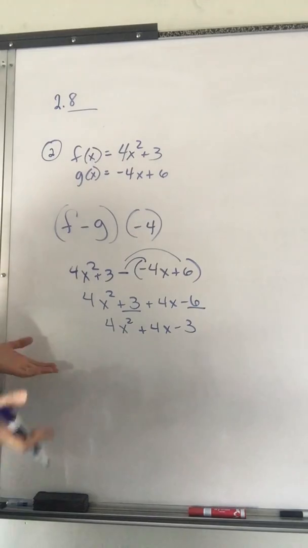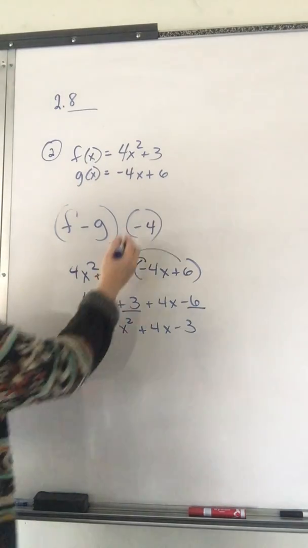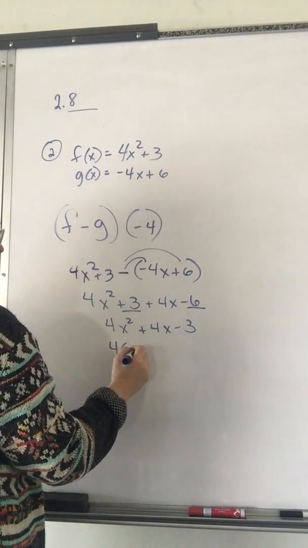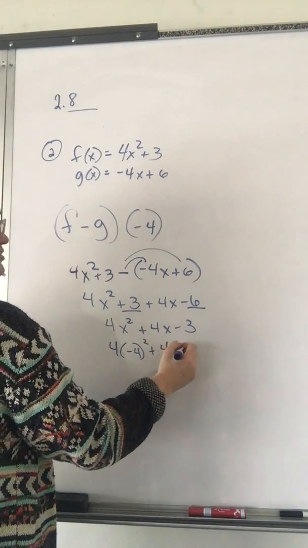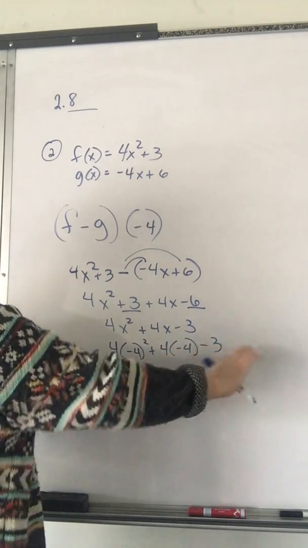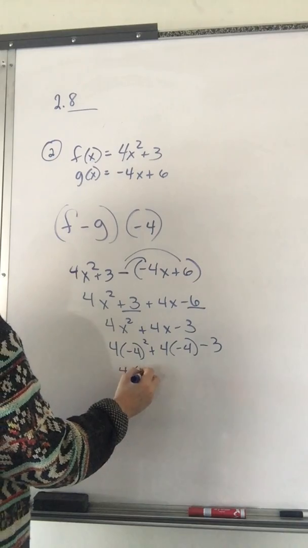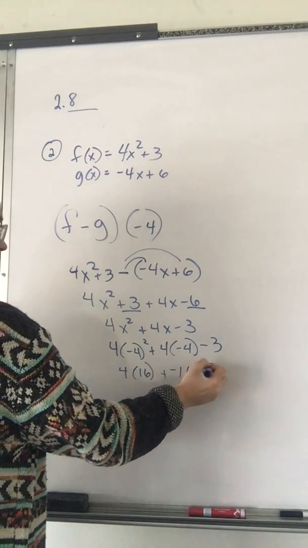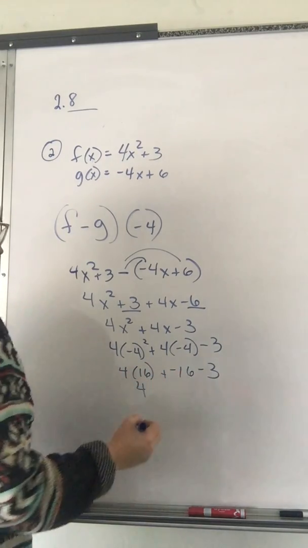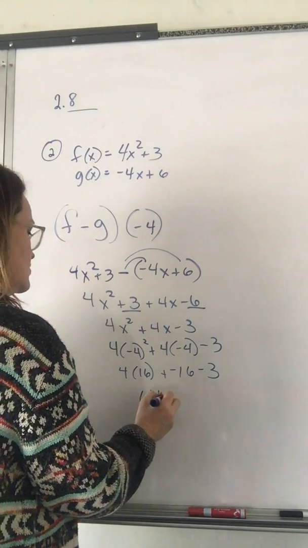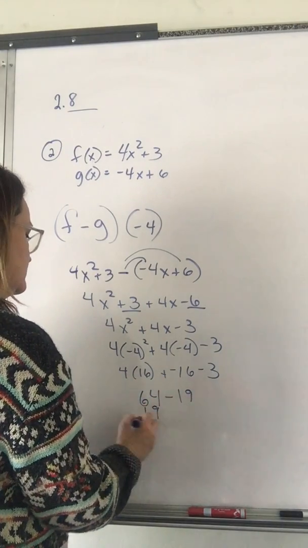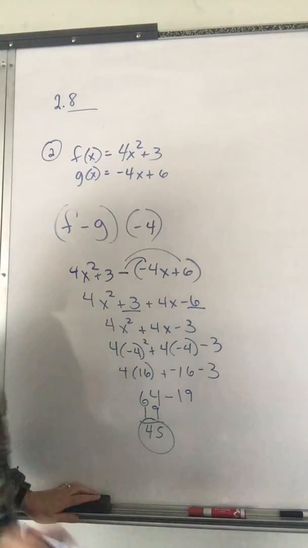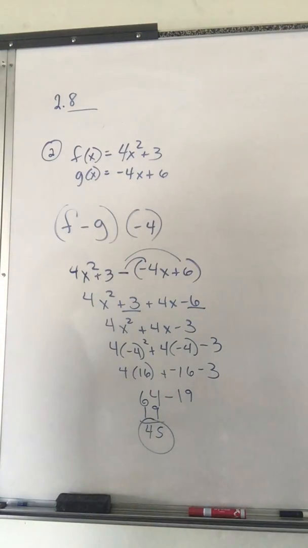So you can do the algebra first if you want to, and then plug in the -4 for the x's. And from there, it's just use your calculator, carefully type that in, and that'll answer that. Let's see, just so I'll have it, that is 64 minus 19, what is that, 45? You'll work your way all the way down to an answer, 45.